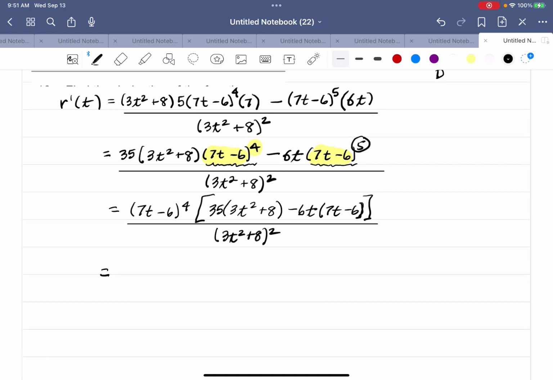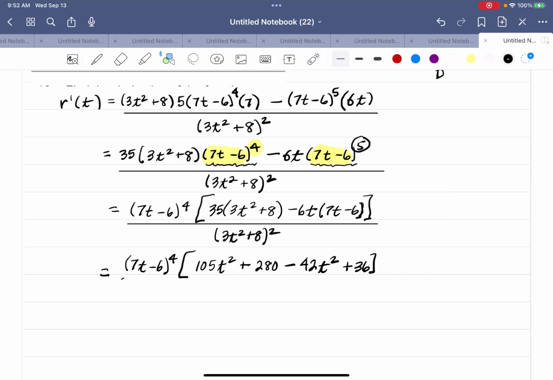So I'm going to work on the inside of those brackets. 7t minus 6 to the 4th. And inside, I need to multiply the 35 times the 3t squared. So that's 105t squared. And then the 35 times an 8 which is 280, minus 6t times 7t, minus 42t squared, and then negative 6t times negative 6, plus 36.